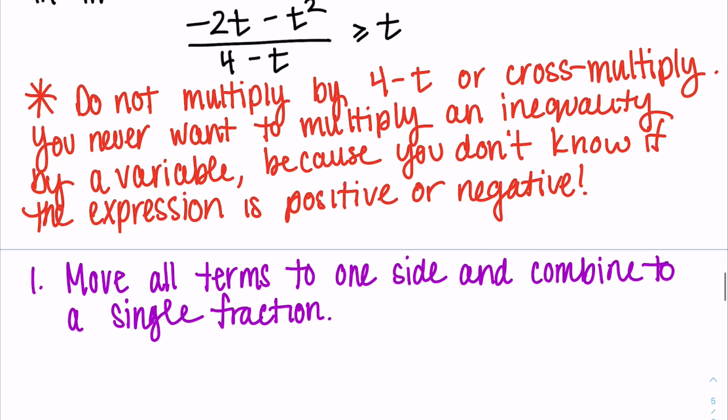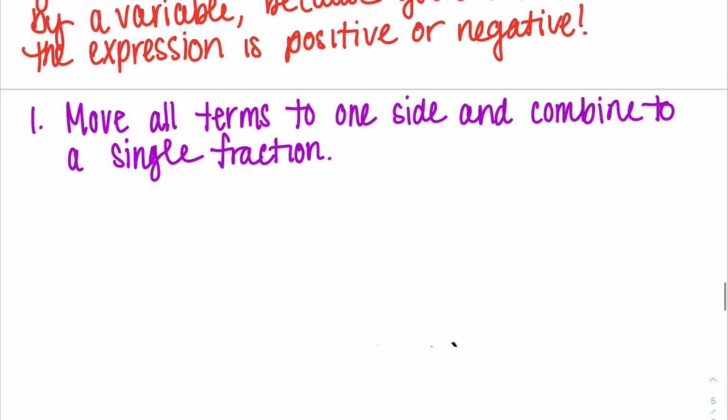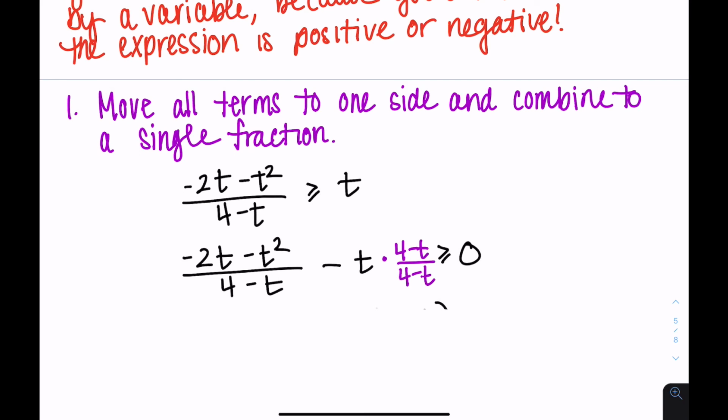Instead, you follow the same approach as the polynomial inequality. Move everything you can to one side. Make a single fraction. So starting with this, I'm going to go ahead and subtract the t, and I want to combine it to a single fraction. So I want to multiply by this common denominator of 4 minus t over 4 minus t.